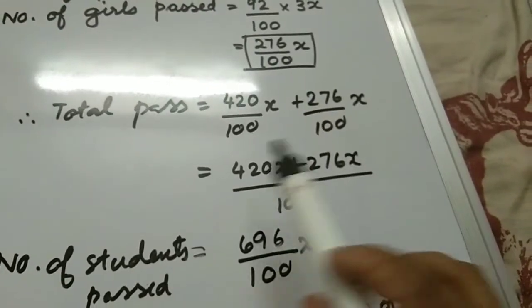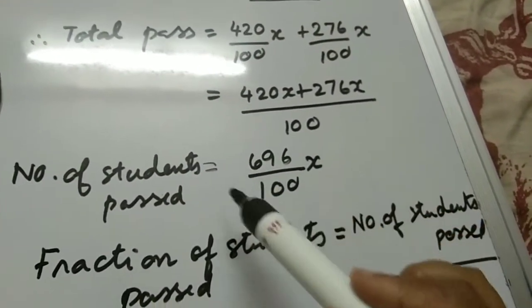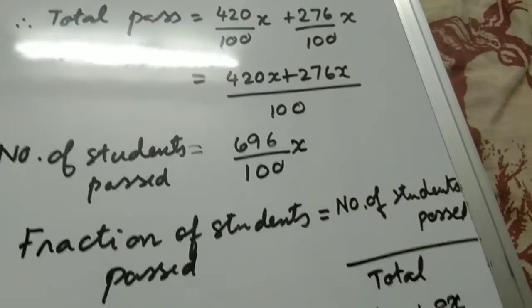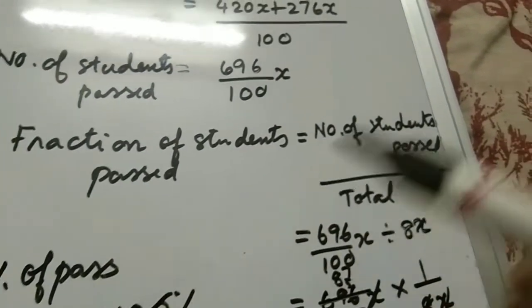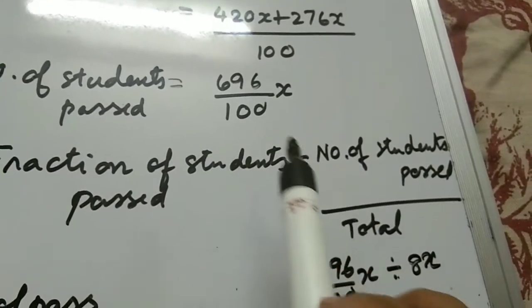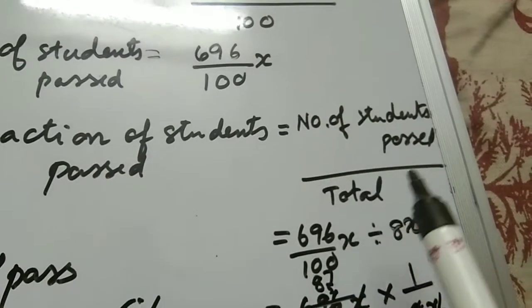Now by adding these two numbers, we are getting the total number of students who have passed in the class is 696 divided by 100 into x. Now, in order to find the percentage of pass, this will be much easy for us. So what we are doing, first we are finding the fraction of students who have passed. That is the number of students passed divided by the total.